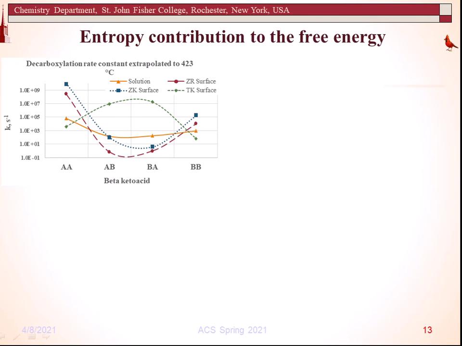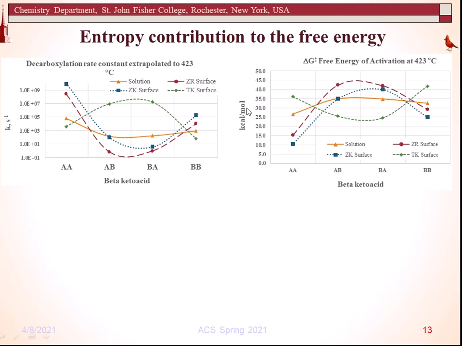The analysis of the rate constant for 4 different acids and catalysts leads to the conclusion that the entropy of activation is the major factor for the differences in the reactivity. The free energy of activation defines the rate constant. With zirconia catalyst, the free energy is lower and the rates are higher for the symmetrical ketones.